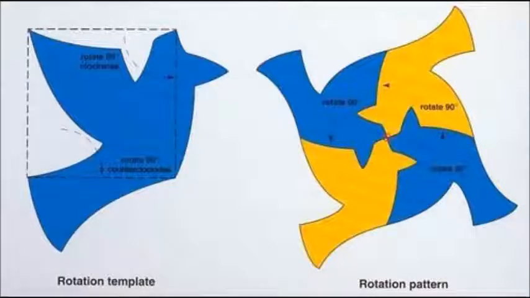Next, rotation tessellations. For rotation tessellations, of course, you start off with your base shape, which is either a rectangle or a square, and you cut it out. You make the shape, and you move it to the side beside it.